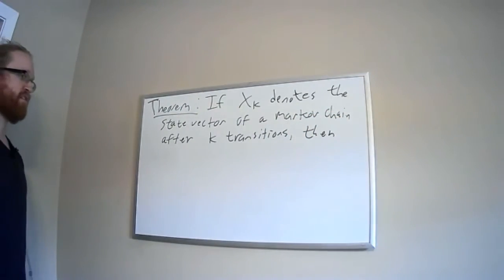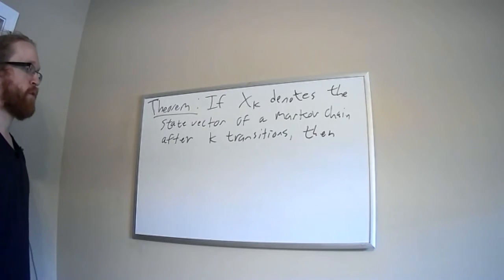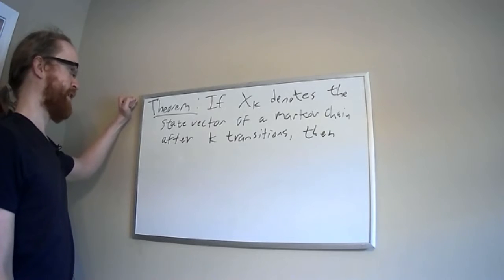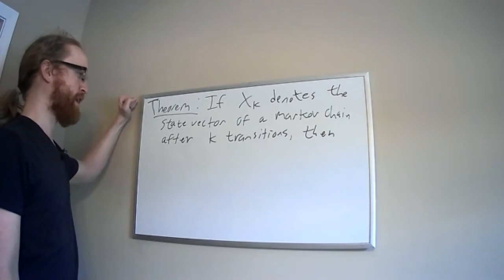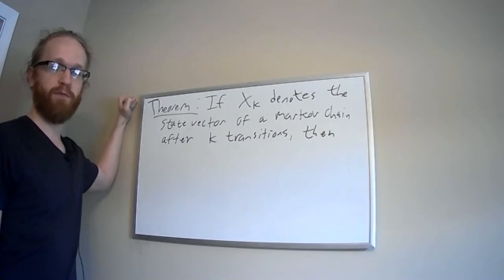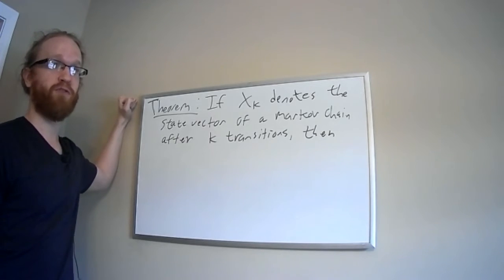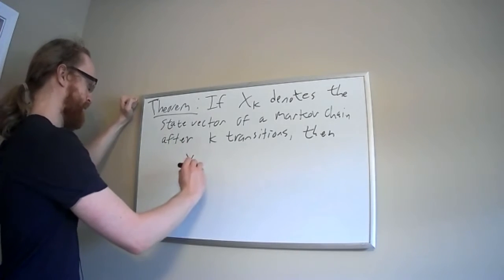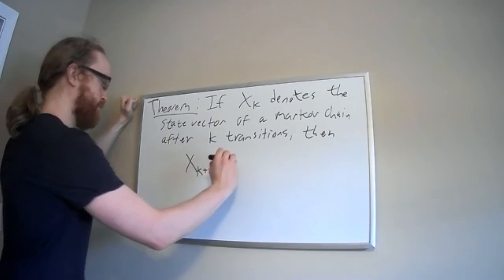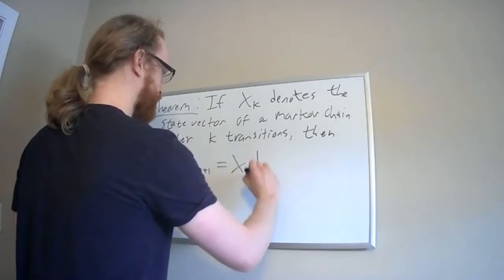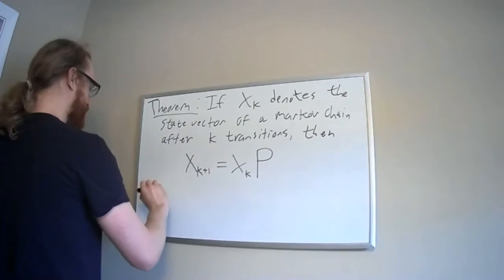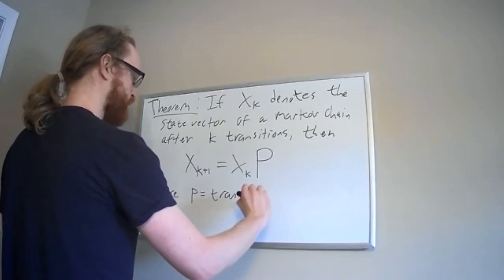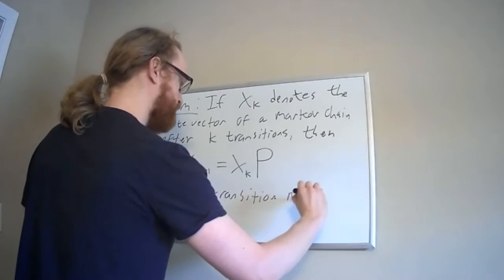Before I write it down in fancy math terms, all I want to say is that the state vector after k many steps can always be found by just applying the transition matrix k many times to some starting vector. So the idea is this: x(k+1) is equal to xk times the transition matrix P. So P is the transition matrix. I've been using that same notation for it, P.